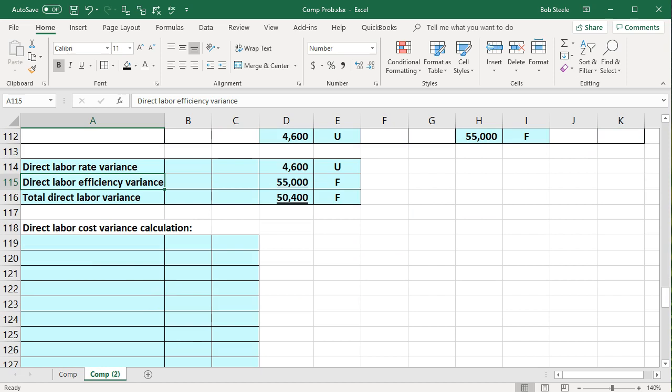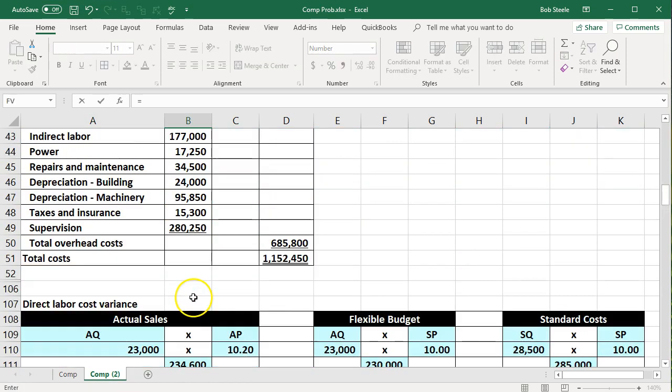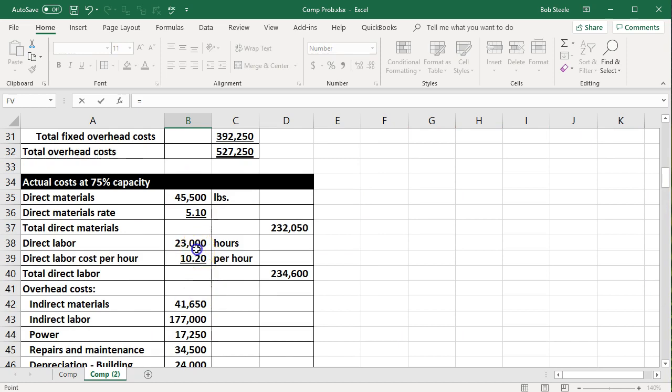Okay, so now we're going to look at this in a little bit different way. We'll just basically calculate what the direct labor cost variance is in a kind of straightforward way, the way we would assume that it would be on possibly a budgeted financial statement. So we're going to say the actual cost then. We'll start off with the actual cost, and it's going to be the actual units times the actual price. So the actual units, if we scroll up top, were the 23,000 for direct labor.